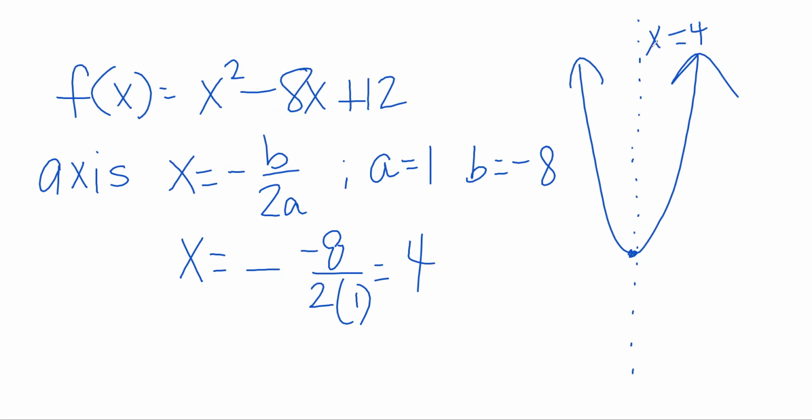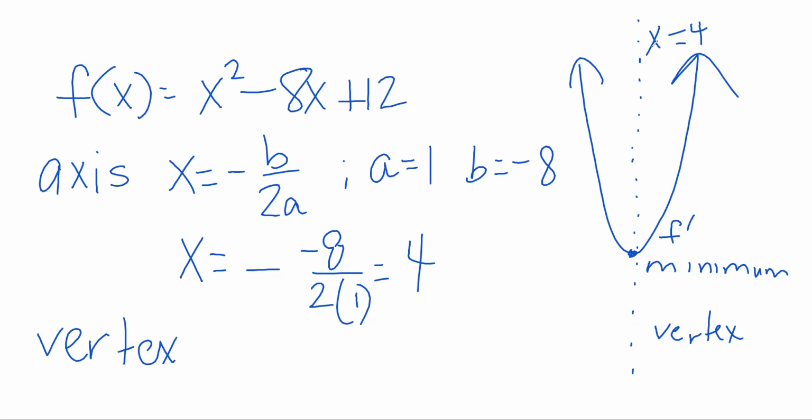Then you're going to be told to find the minimum value or the vertex, and I would know it as both. Later on, you're going to know graphs that have a maximum value. If you want to find the vertex, you have to evaluate the function at f of 4.